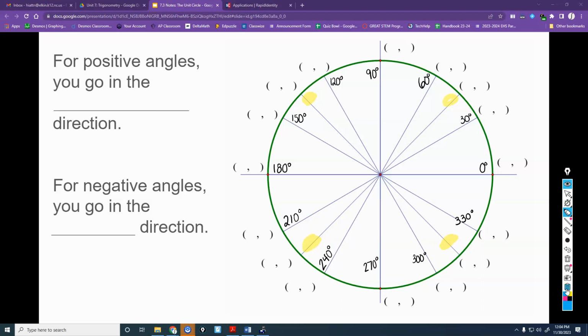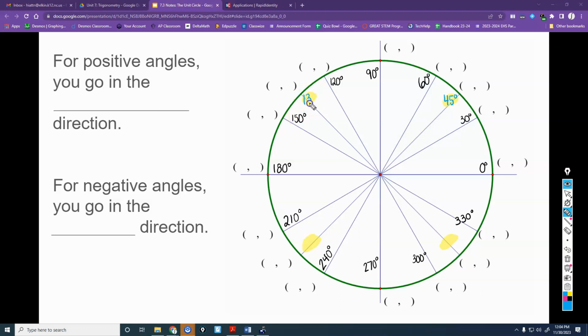Although, this right here is halfway between 30 and 60, right? What number is halfway between 30 and 60? 45, right? So, although you do have to sort of have it memorized, you can kind of figure it out. So this should be 45 degrees. This number is halfway between 120 and 150.